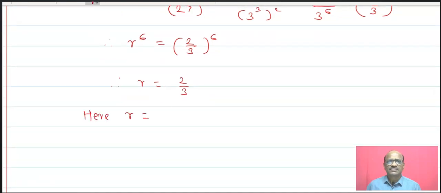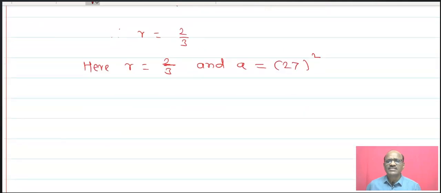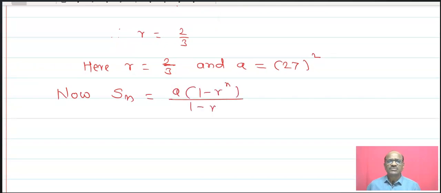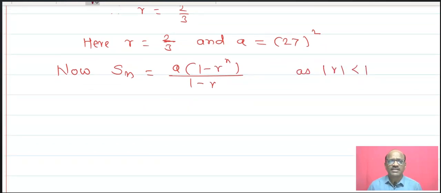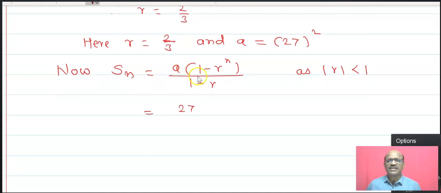That is equal to 2 upon 3, and the value of a is 27 raised to 2. Therefore, Sn is equal to, we will apply the formula, that is Sn is equal to a times (1 minus r raised to n) upon (1 minus r).